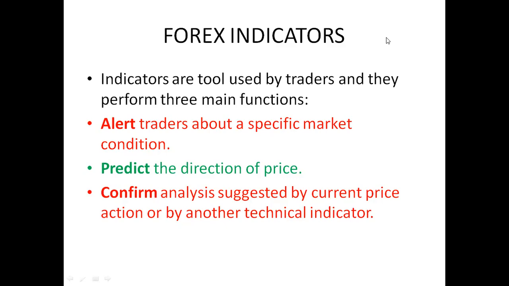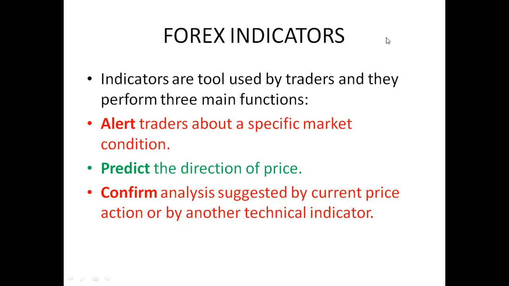So in the Forex market, indicators are tools that help you to trade. They guide you and help you to trade. And how do they help you to trade? They alert you as a trader about a specific market condition, whether the market is trending up, trending down, or going sideways, or whatever market condition you might be experiencing.